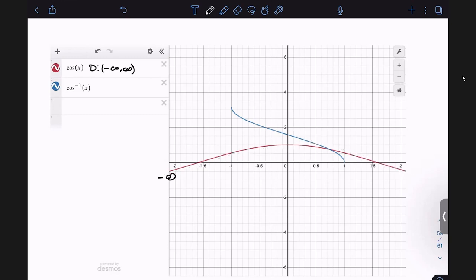But then the range, you can notice that it's from negative 1 all the way to 1. So any y value is never going to go above this line, nor is it ever going to go below this line. So anytime you put in an x, which can be from negative infinity to infinity, it's only ever going to give you a y value that's between negative 1 and 1.